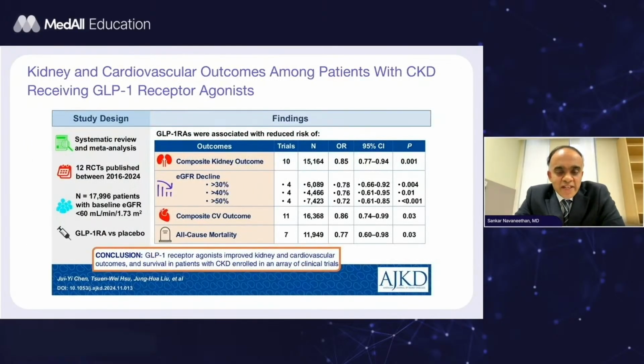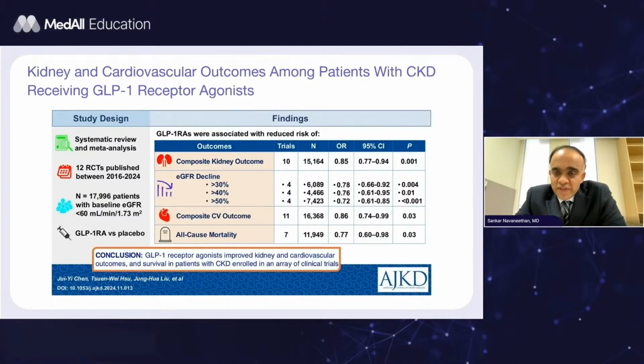The FLOW-CKD was the largest study, but prior to this, there were also general population studies that have enrolled patients with kidney disease. This is a meta-analysis in which the investigators pooled data from 12 randomized controlled trials. There were 18,000 patients who had kidney function below 60. When you compare that population GLP-1 to placebo, clearly there was an improvement in composite kidney outcomes.